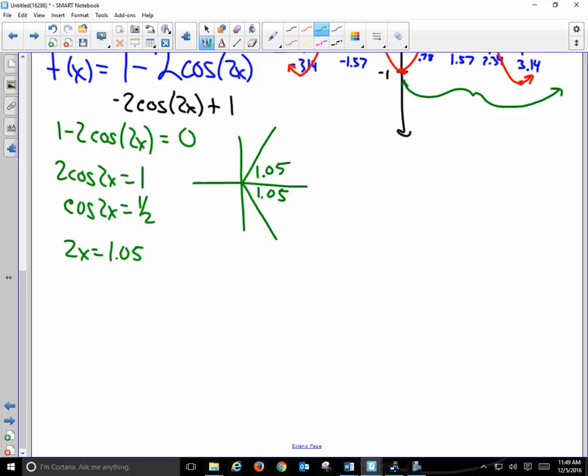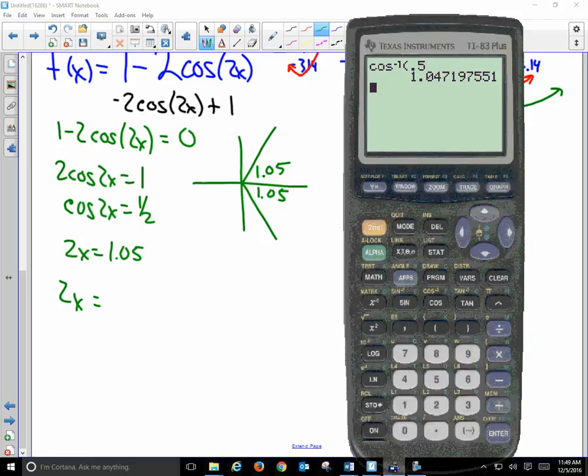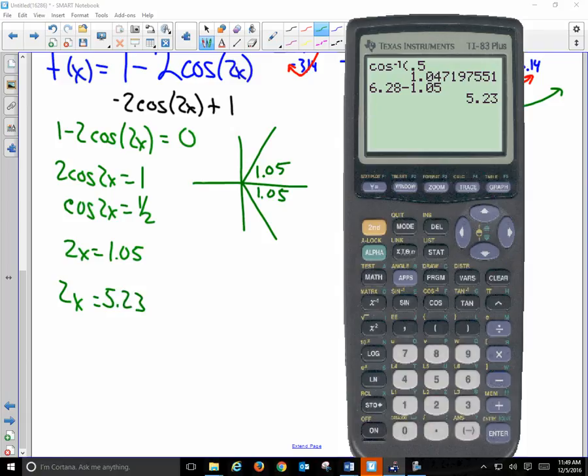But then I also have to subtract 1.05. What is all the way around the circle? 2 pi, which is, as a decimal, 6.28 minus 1.05, and I get 5.23. So I'm going to divide each of those by 2.